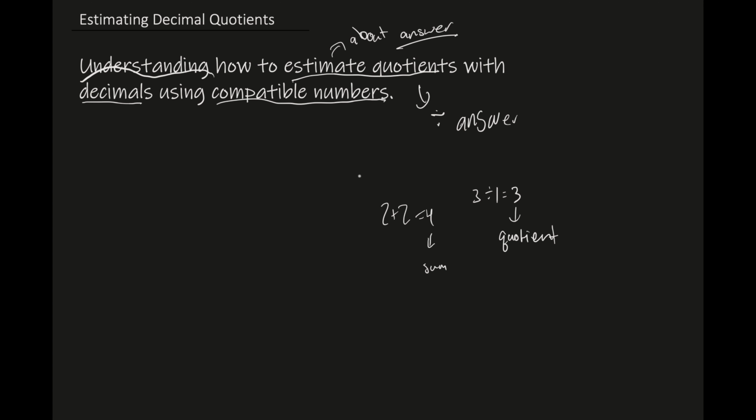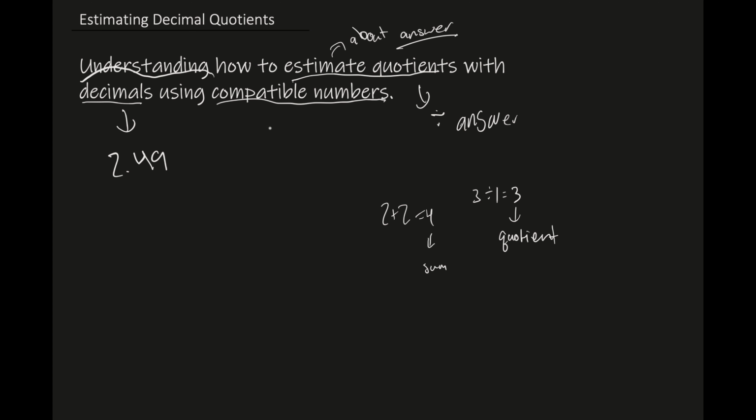And now we have decimals. I'm sure you all know what that is. I'm just going to draw one right there, 2.49. And then compatible numbers. I think we've talked about this enough for you to understand what it means.